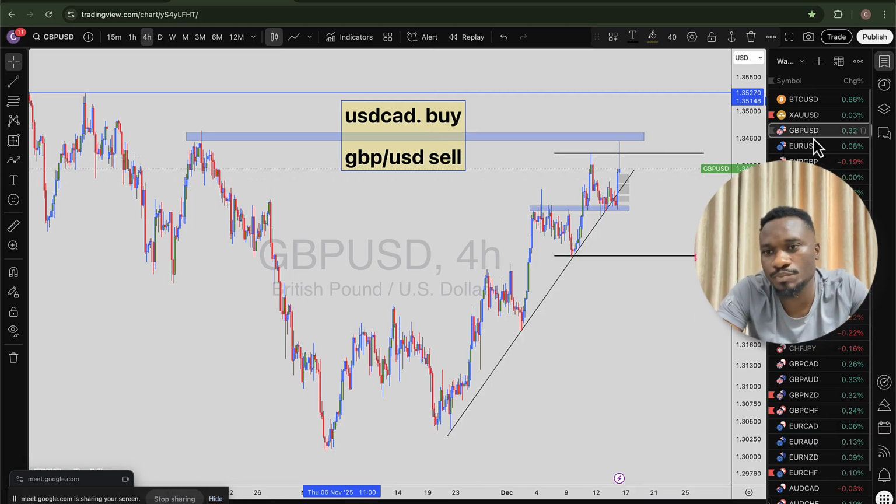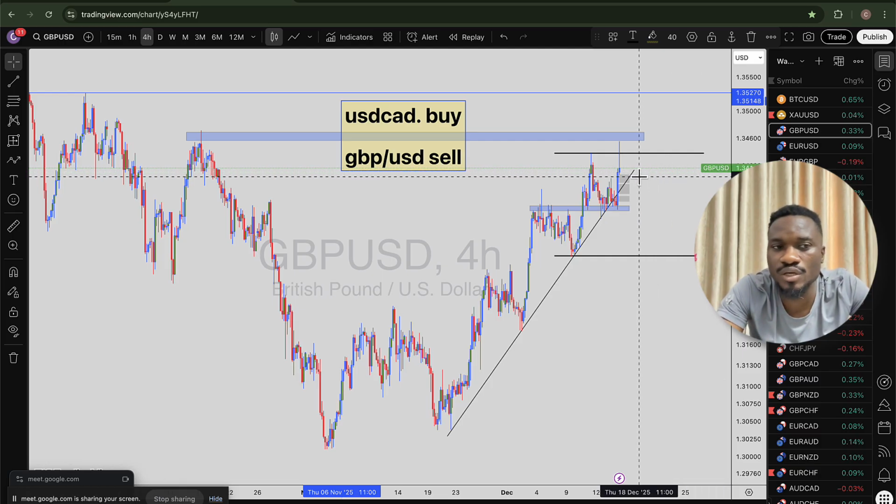You can see I have GBP USD, Euro USD. If I'm buying GBP USD, I shouldn't be selling Euro USD because they are correlated. Wherever GBP is going, Euro will follow. AUD USD, New Zealand USD. You can see they have USD as their quote. Wherever all these bases are going, they tend to follow each other because they are all trading against the same quotes.